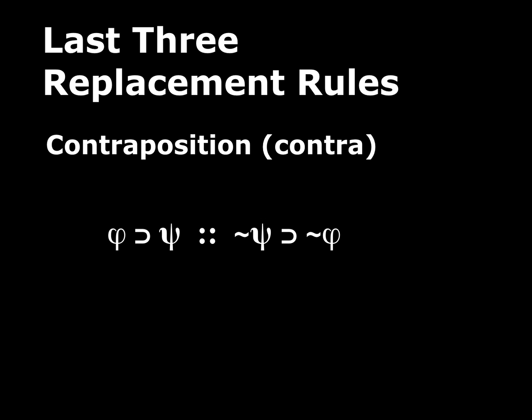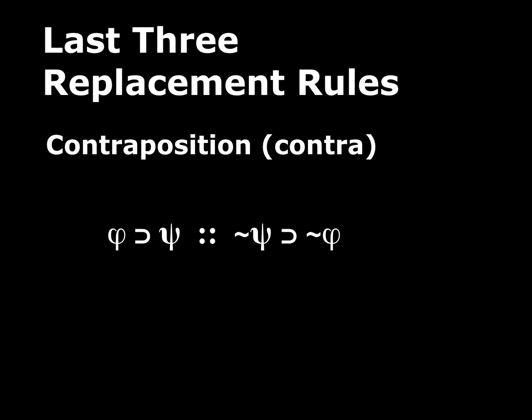Next up is contraposition. You might have noticed that with the rule of commutation, we could commute a conjunction, so we could swap the order of conjuncts. We could commute a disjunction that lets us swap the order of disjuncts, but there was not a rule for conditional. You can't do commutation on a conditional. Why?